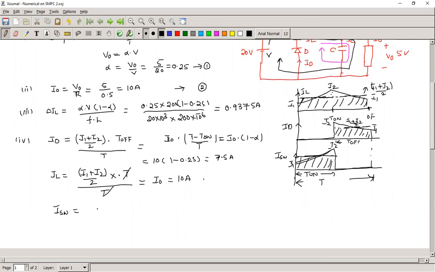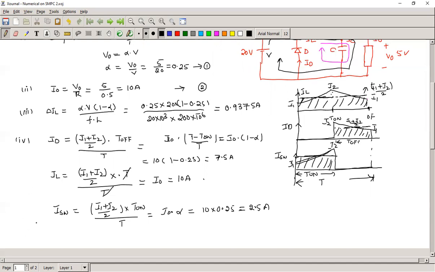That is equal to I1 plus I2 by 2 into T on divided by T. This is equal to I0 into T on by T, nothing but alpha. We get 10 into 0.25 equal to 2.5 amperes.